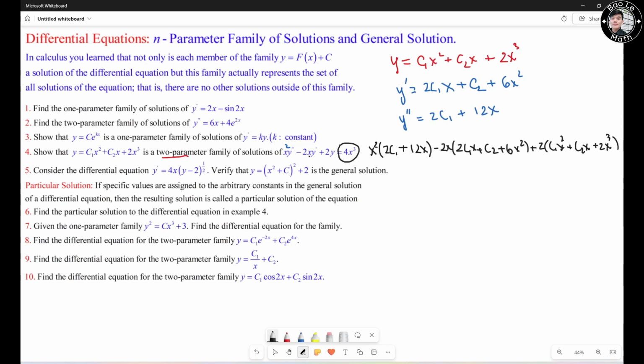If it equals, yes, this is the two-parameter family of solutions. So I'm going to distribute this.